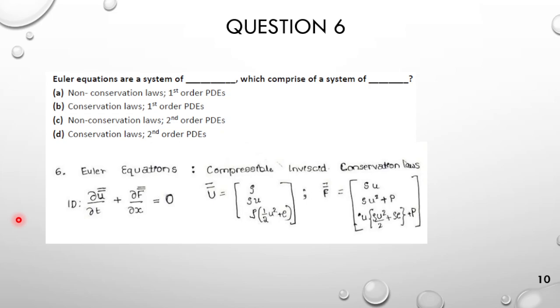Because many people I saw had written only incompressible as the option. So is this clear what I told just now? Can you write in the chat box? It is for inviscid, but you can use it for compressible also.